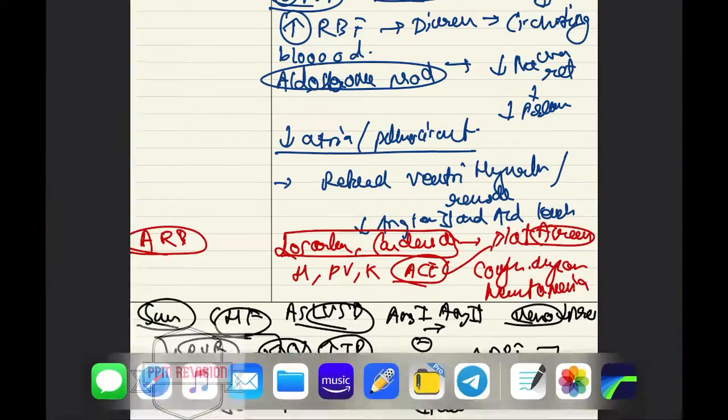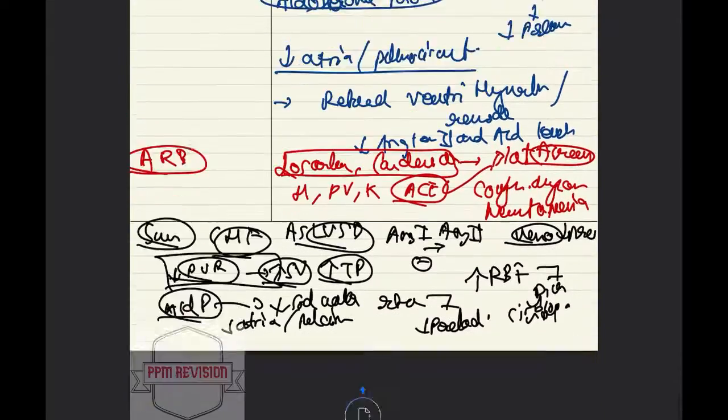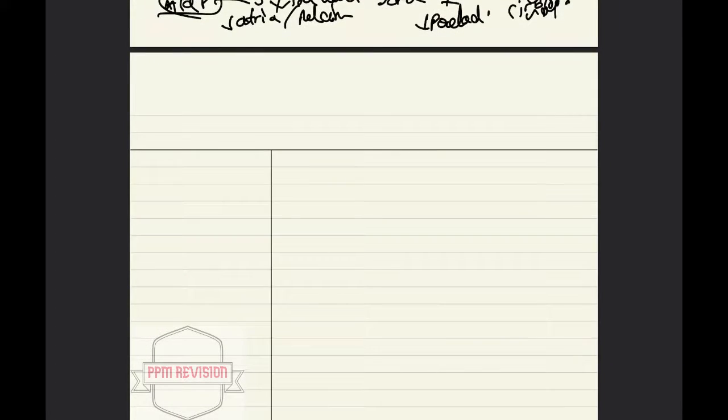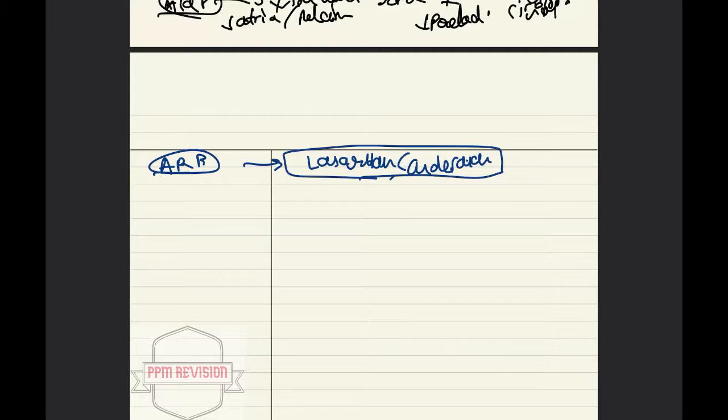Now moving ahead, we are giving a quick note on the ARBs, that is angiotensin receptor blockers. So as you know, it is losartan, candesartan, as well as the other sartans, and what they do is they block the angiotensin receptors.